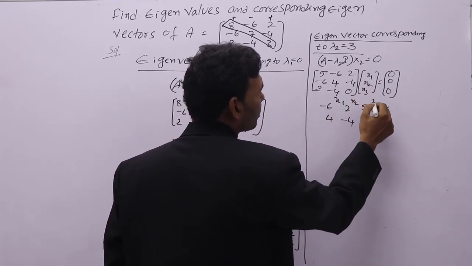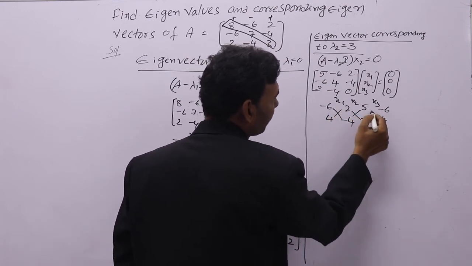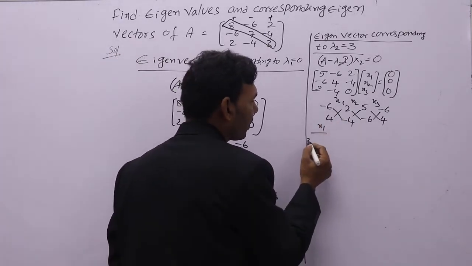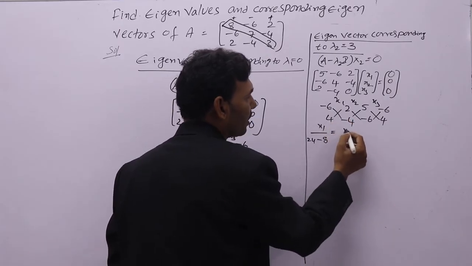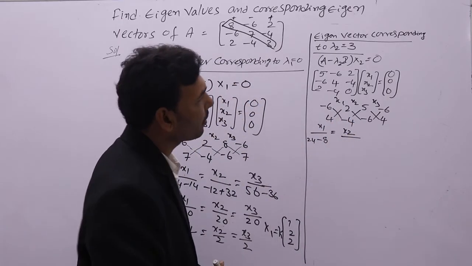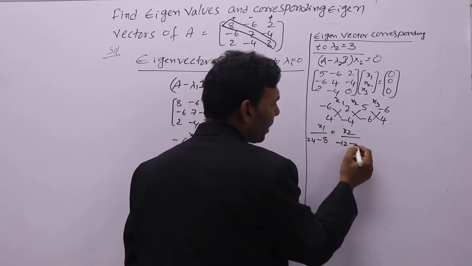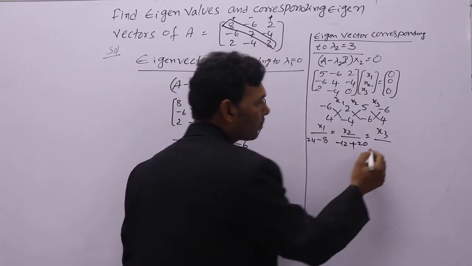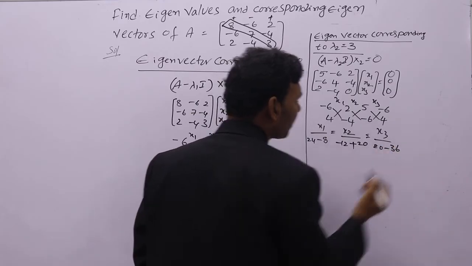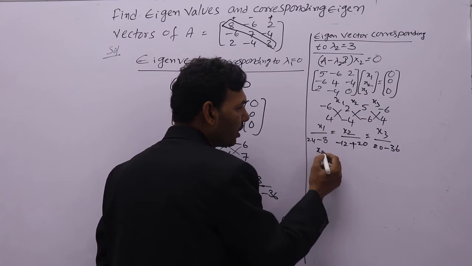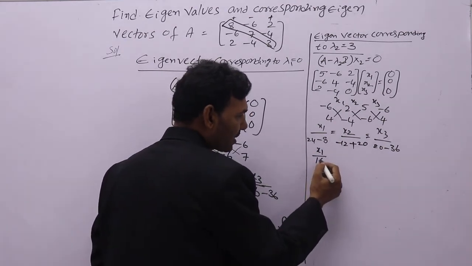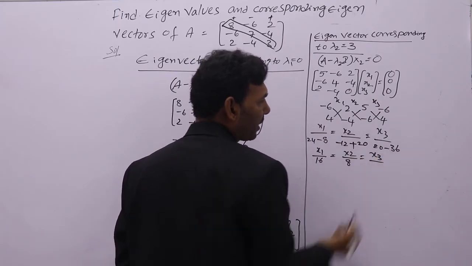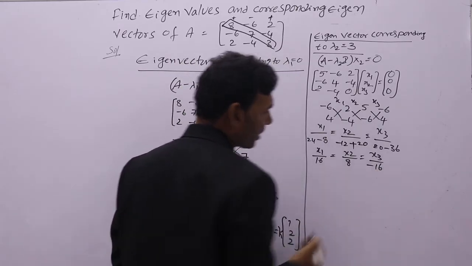This is x1, x2, x3. AD minus BC technique. x1: 6 times 4 is 24, minus 4 times 2 is 8. x2: minus 12, minus again minus plus 20. x3: 5 times 4 is 20, minus 6 times 6 is 36. 24 minus 8, 16; x2: 20 minus 12, 8; x3: 20 minus 36, minus 16.